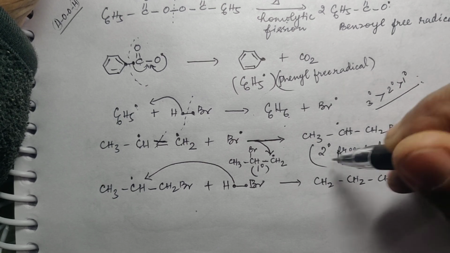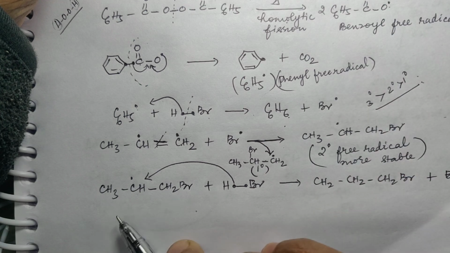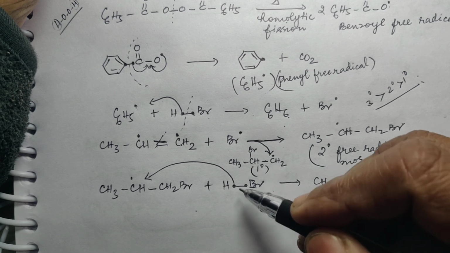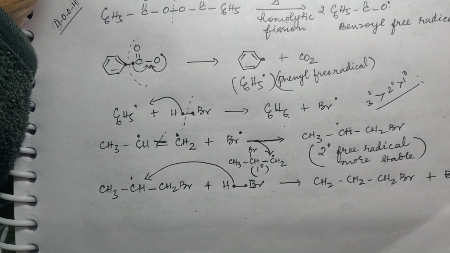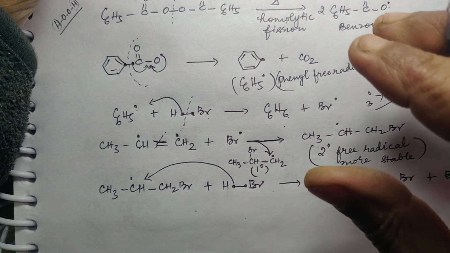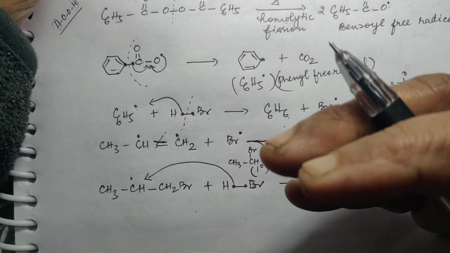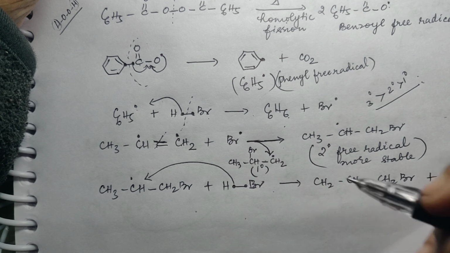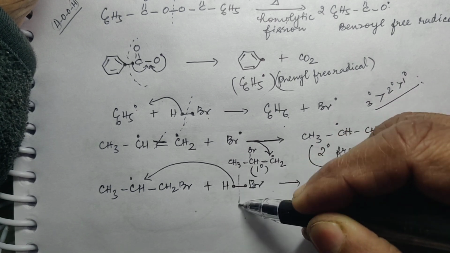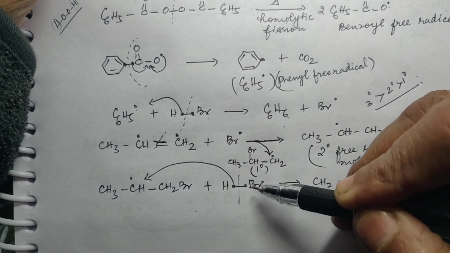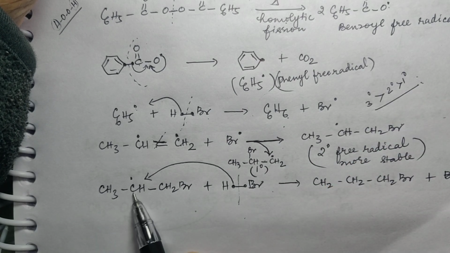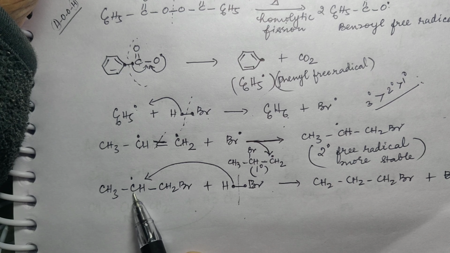Now what will this free radical do? It will try to hit another HBr and make homolytic fission take place there. Each and every free radical will hit another neutral molecule and make that molecule undergo homolytic fission. Now when this undergoes homolytic fission, you have H dot and Br dot. This H dot will go to the secondary carbon and pair with it.